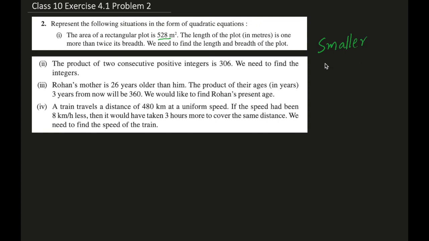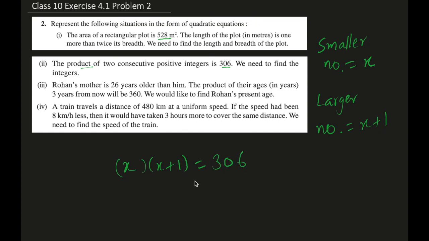So smaller number is x, and larger number will be x plus 1. The product of these two numbers is 306. So x times x plus 1 will be equal to 306.